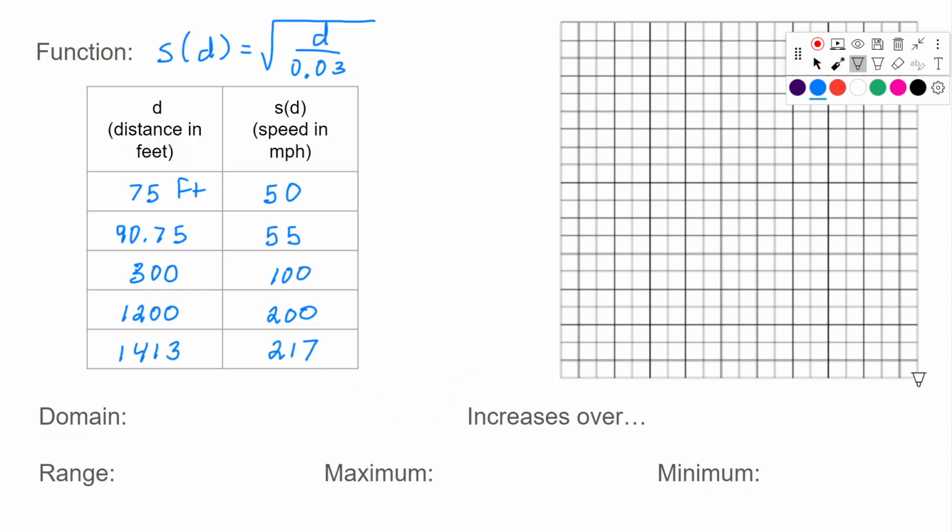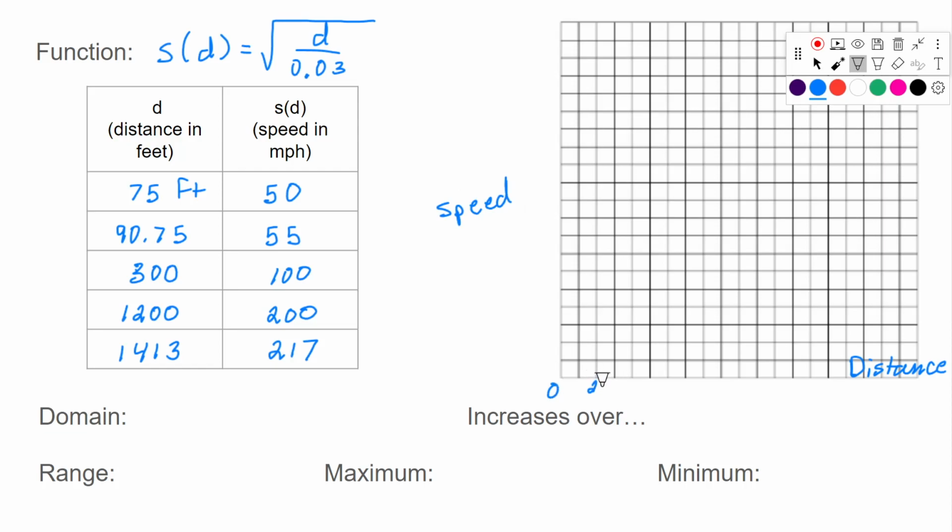So this time, instead of speed being my input, distance is my input. And my speed is my output. So that means I'm going to also change the scales that I used.